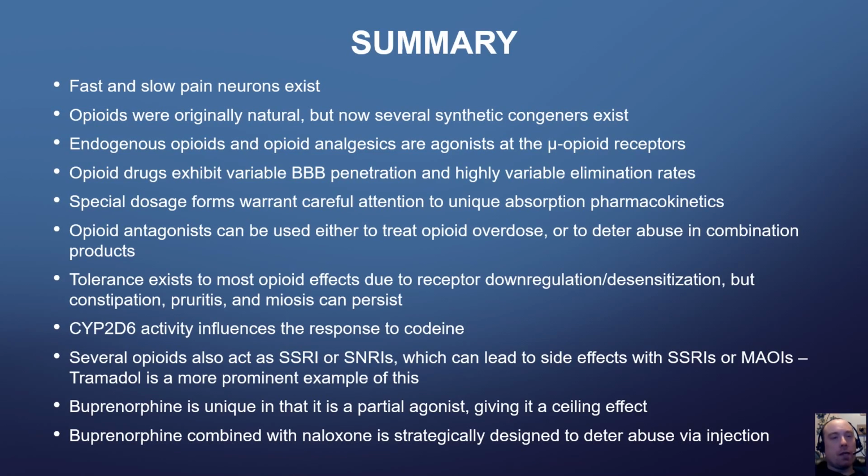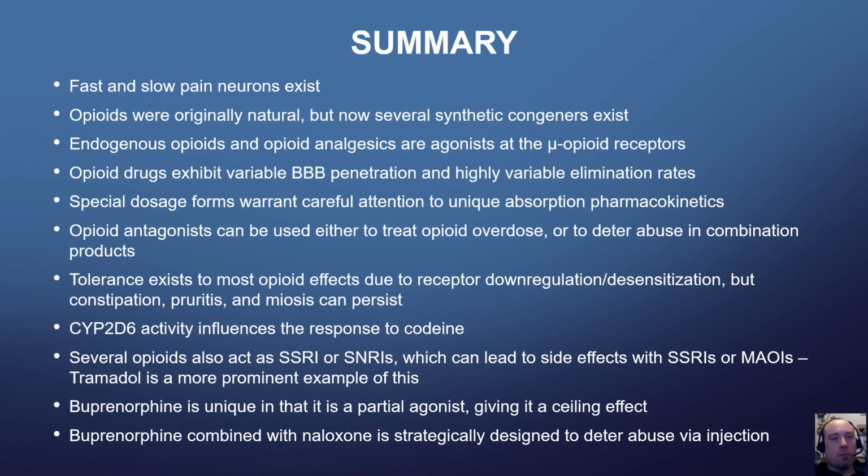Several opioids act as SSRIs or SNRIs, and what I would say is the default approach is if someone is taking a monoamine oxidase inhibitor or an SSRI or a tricyclic antidepressant or even a triptan type of drug, it's always best to check what the recommendation is for the specific opioid that's being considered. And tramadol is the most prominent one that can cause seizures in these combination situations.